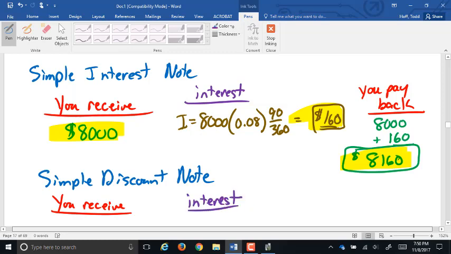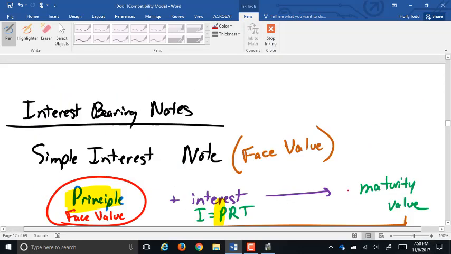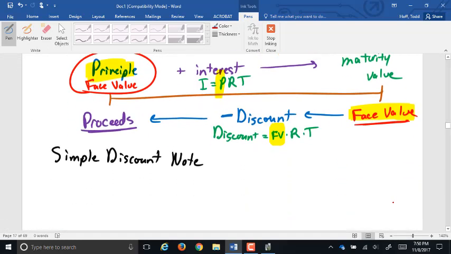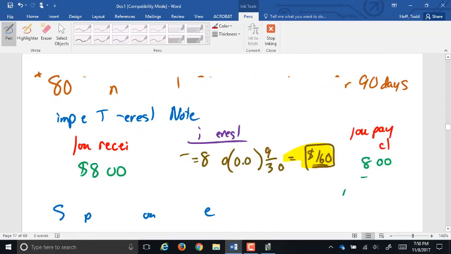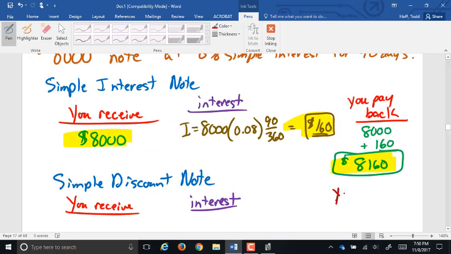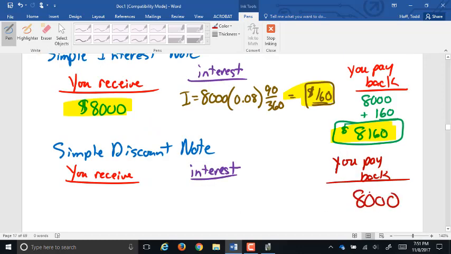The 8,000 is the face value, and the face value in a simple discount note is the amount you pay back. So at the end of this note, you're going to pay back $8,000. An $8,000 note, if it's a simple discount note, means you're paying back $8,000.